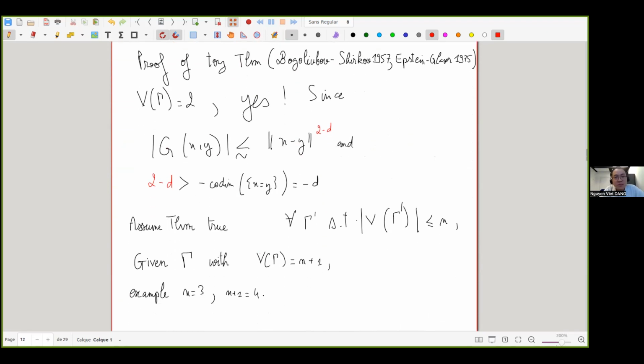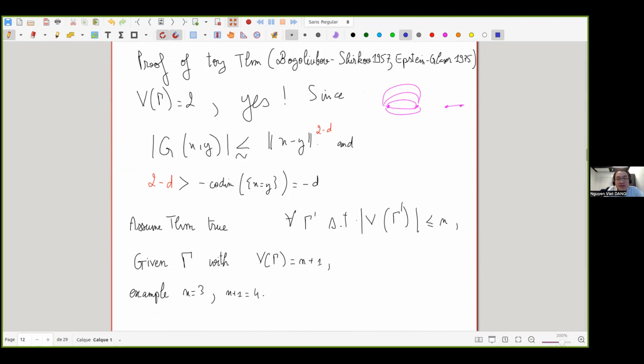Okay, so now let's be a bit more precise. As I told you, I make the induction on the number of points. When there are only 2 points, the graphs are very simple. When you have only 2 points in your Feynman graphs, all the possible graphs are just multiple edges. And then you can see that the theorem is obvious for graphs with only 2 vertices, because you know the singular behavior of the Green function, it blows up like |x minus y| to the power 2 minus d.